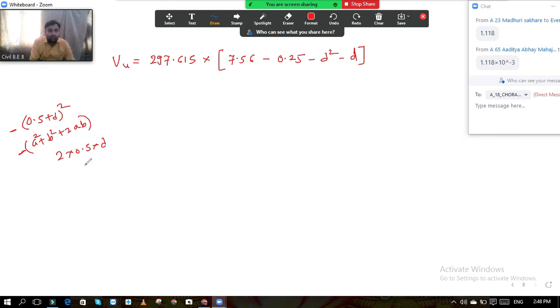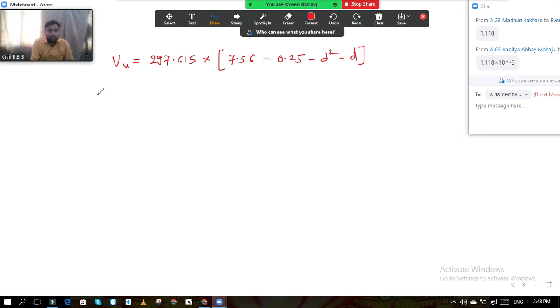Am I right? How is it d? 2 as it is, 0.5 means 1 by 2, into d. So these two will get cancelled. That is what I have written over here. I have written this for your understanding. So it is 0.25 minus d square minus d.